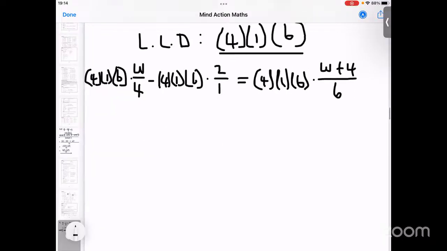Because all that you have to do is just cancel that with that. It's like you have 1 times 6, which is 6 times W, then you end up having 6W. And then this one cancels with that one. It's like you have, let's say 4 times 6. What is 4 times 6?